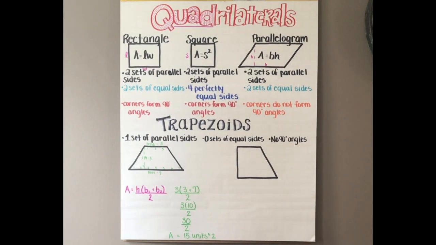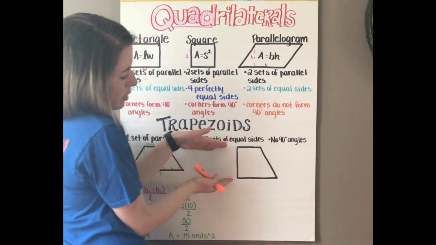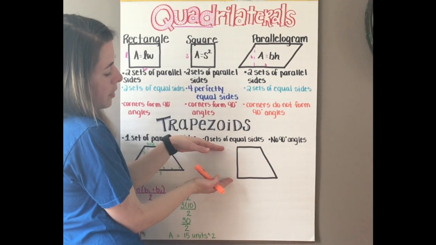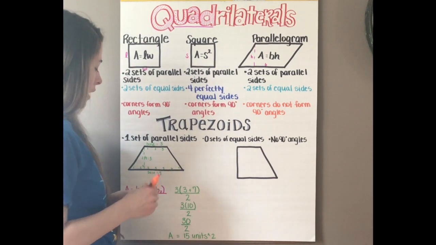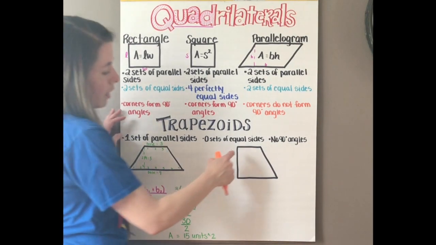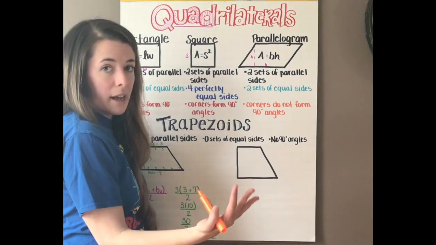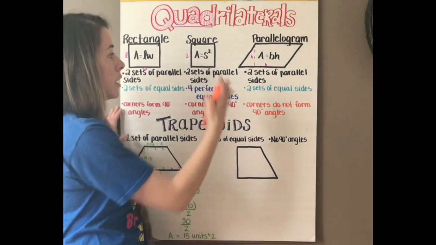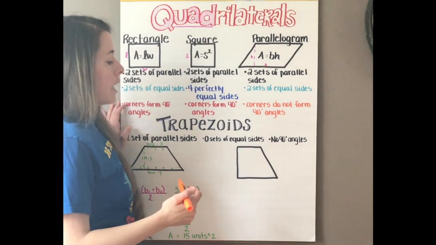Let's look at this trapezoid. Once again, the only set of parallel sides is the top and the bottom here, and then it has 2 legs. So we have to figure out our height, our base 1, and our base 2. This happens to have a 90-degree angle, which a trapezoid can have. It's just not a guarantee, like a square or a rectangle is guaranteed to have it.